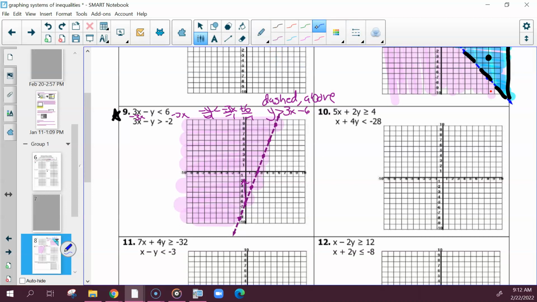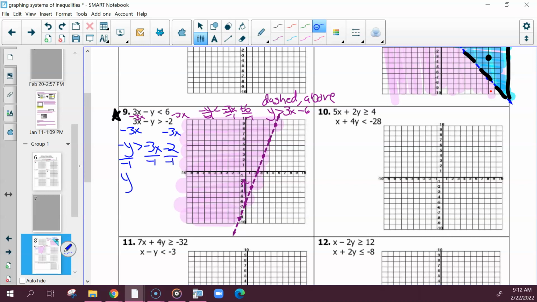And then we have to do the same thing for the other one. Subtract 3x again. We have negative y is now greater than -3x minus 2. Divide everything by -1.